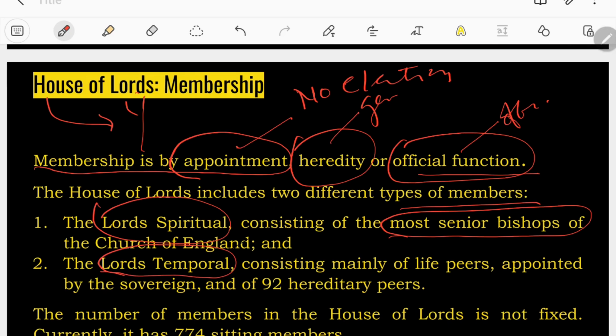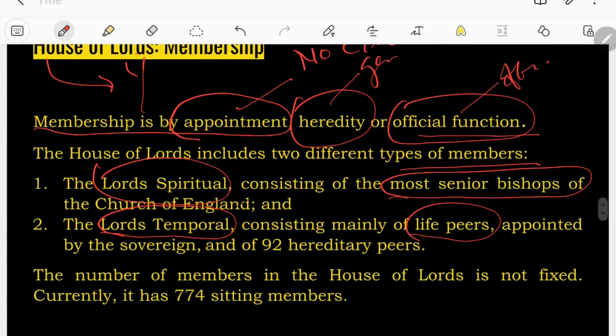They would be part of this house as life peers. So as long as they remain alive, they would be part of the House of Lords. So this is the way you can see there are two categories of appointment: one through heredity, and second the official function.